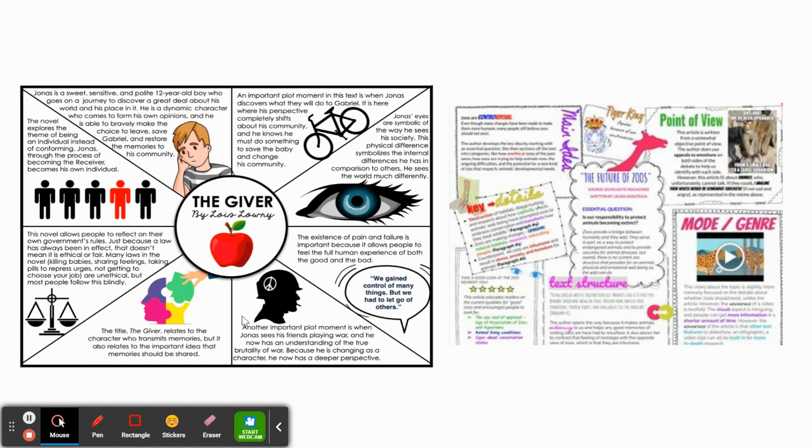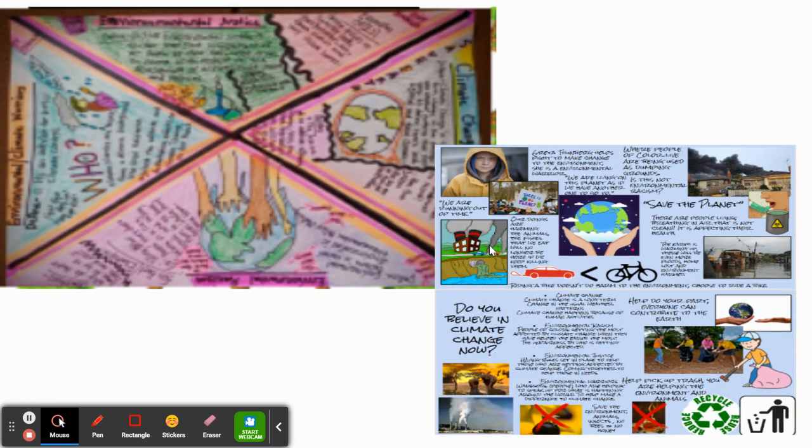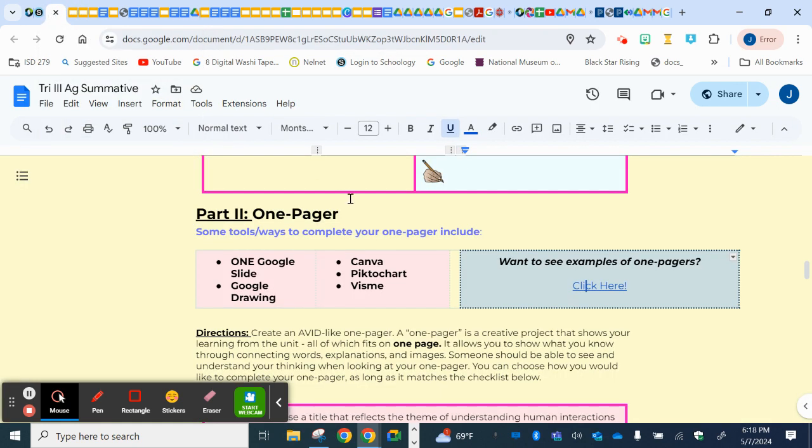Okay, that's really common on one pagers, that you see sections. Sometimes there's boxes around things. And again, it's an opportunity for me to go through and visually see how you're processing things and how you're putting things together. Okay, a couple more examples. So that right there just shows you different ways in which you could put your one pager together.